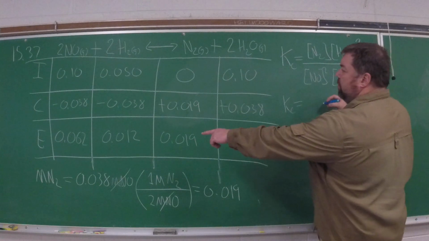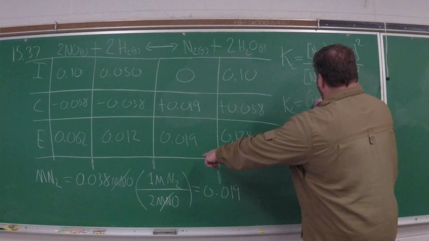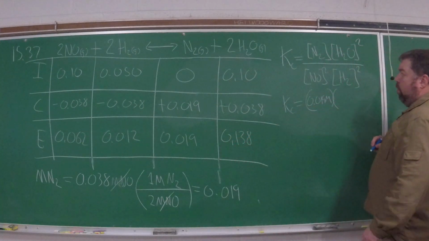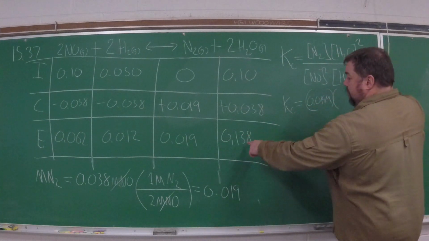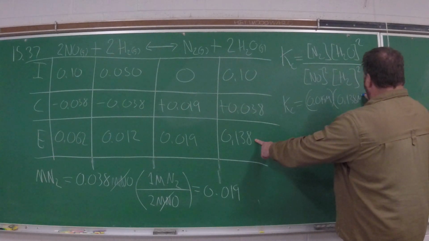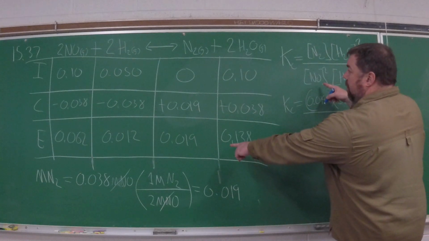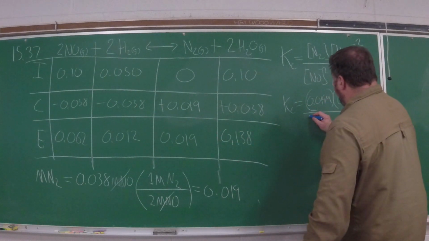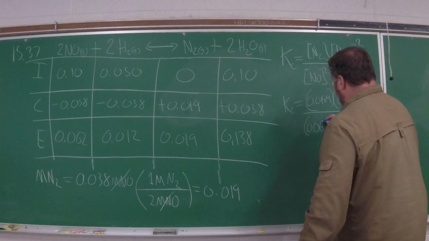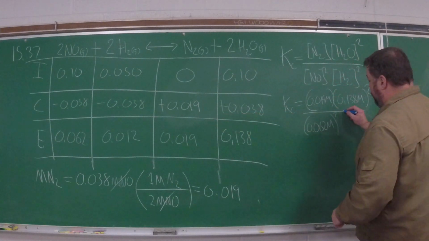So N2, where's my N2? 0.019 molarity. My H2 equilibrium concentration is right here. Square that one. And then down here, nitrogen monoxide, I have 0.062 molarity, that's going to be squared.